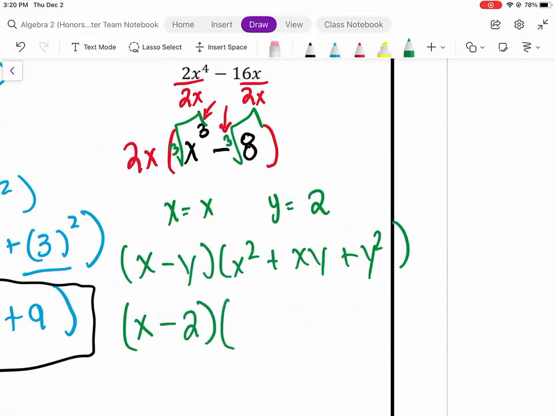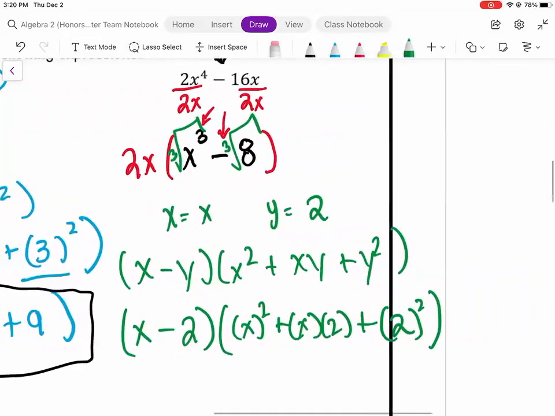And then I got x squared, which is just x squared, plus x times y, which is x times the 2, plus y squared, which we know y is just 2. So again, I'm just literally plugging them in. I don't like to simplify them on the same step because it's just kind of confusing.